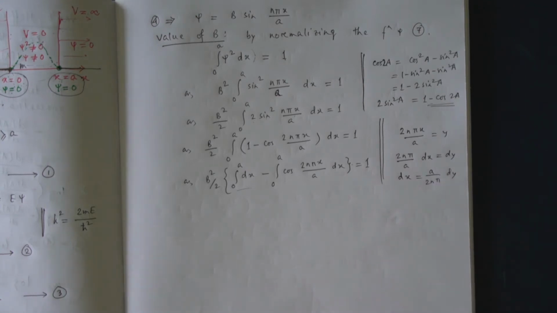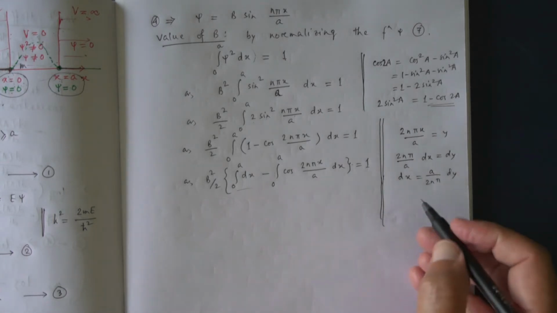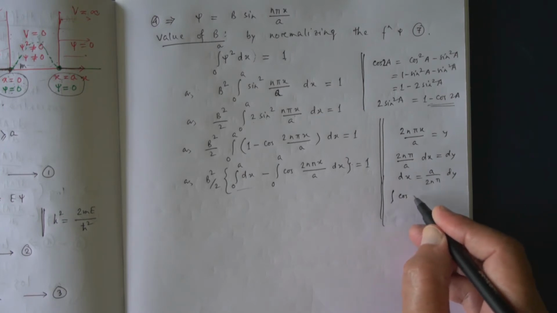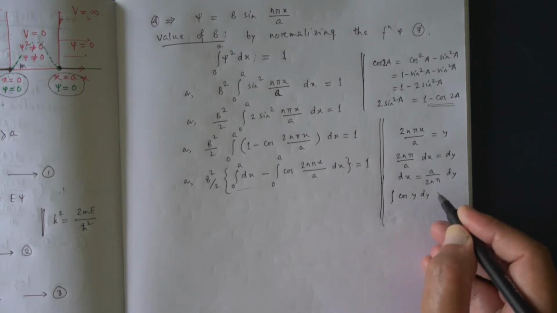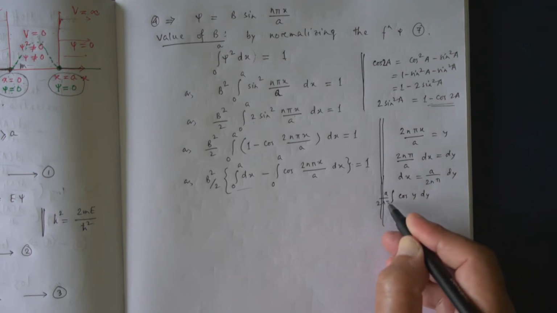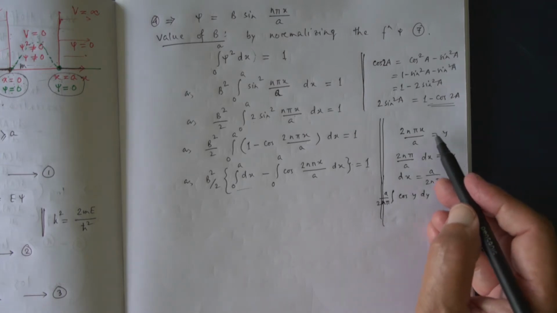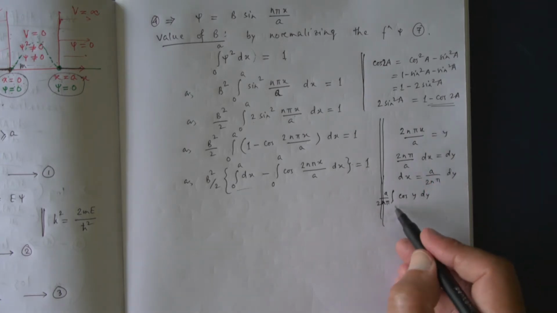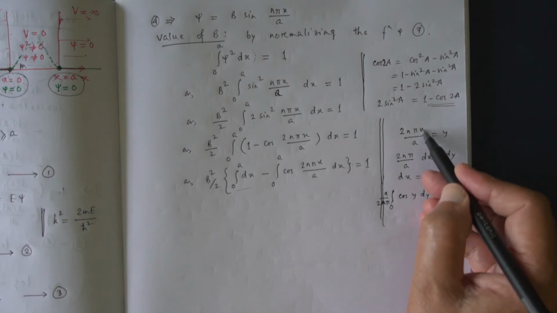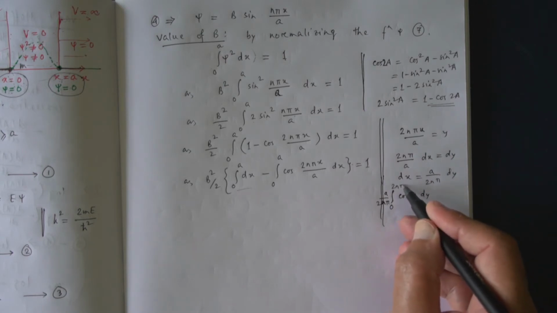So this integration we may write as a by 2 n pi times integral of cos y dy. The limit: when x is 0, y is 0, when x is a, y equal to 2 n pi.